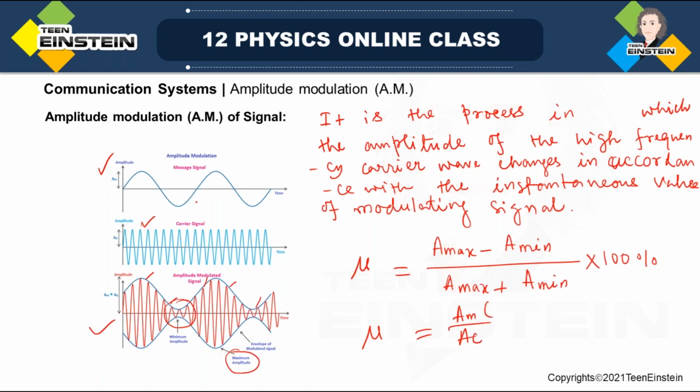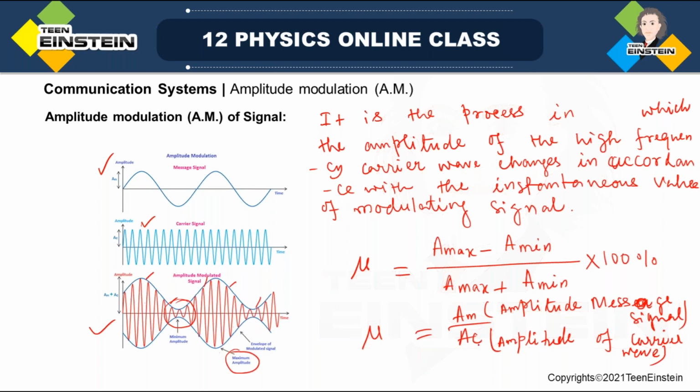This is the amplitude of the modulating or message signal, and Ac is the amplitude of the carrier signal or carrier wave.